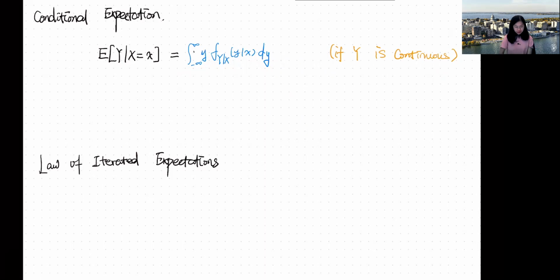For continuous random variables, just like in the discrete case, we have a way to view conditional expectation as a random variable. The thought experiment goes as follows. We first realize that E[Y given X equals little x] is a function of little x. The value of this quantity varies with x and only varies with x.